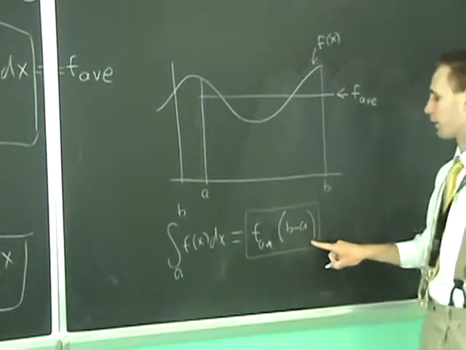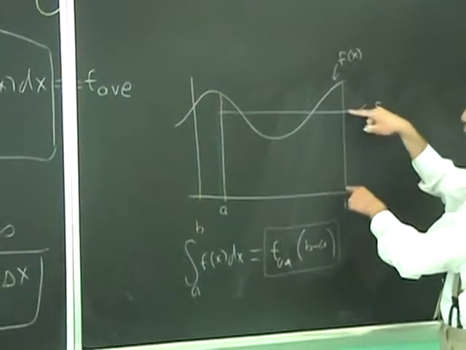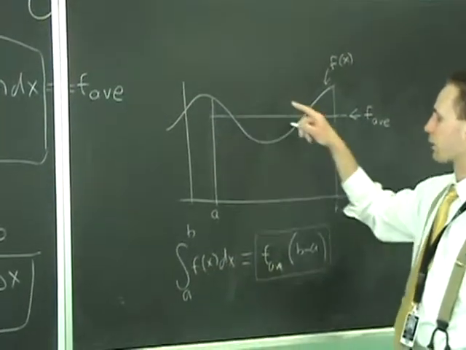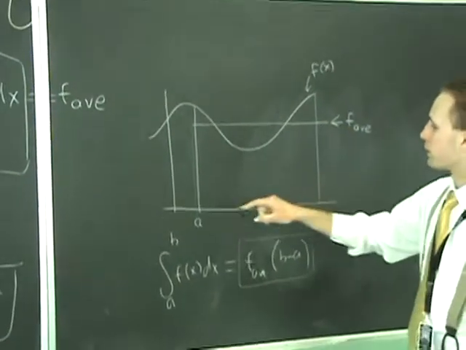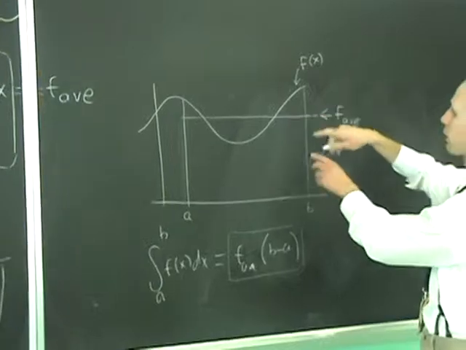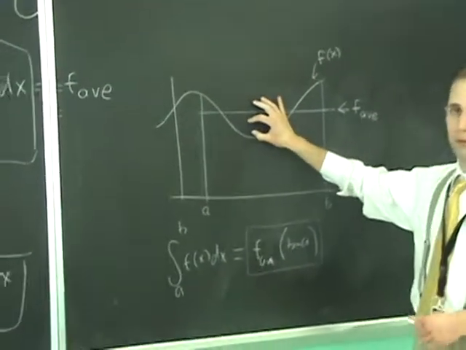This is just a rectangle whose length is the length of the interval and whose height is the average value. And it says this equals the integral, the actual area. So the geometric interpretation of the average value is the height of the rectangle that will exactly contain the area underneath the curve.